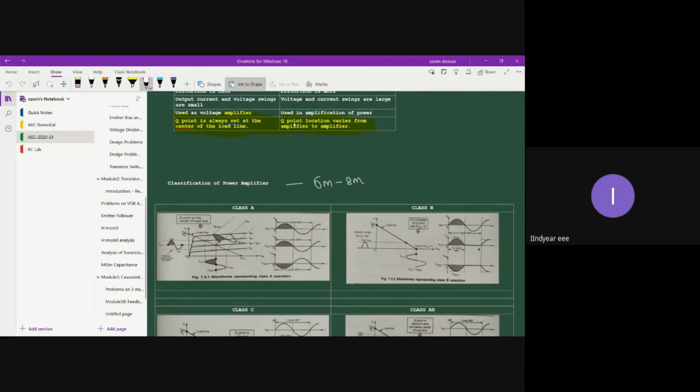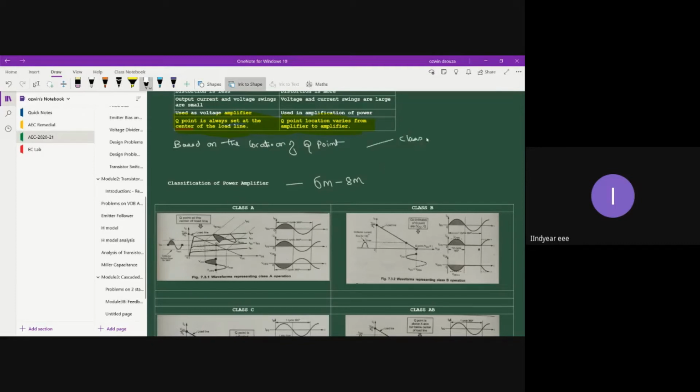That means you will not have one fixed type of amplifier. Instead, you may have different types of power amplifiers. Based on the location of the Q point, the power amplifiers are majorly classified into 5 types.